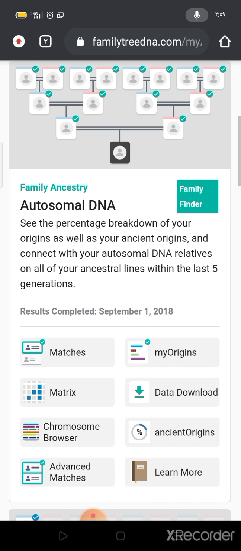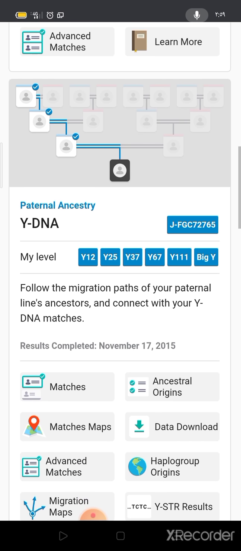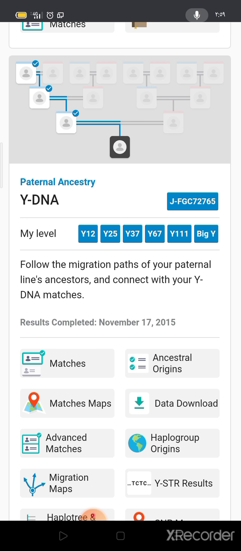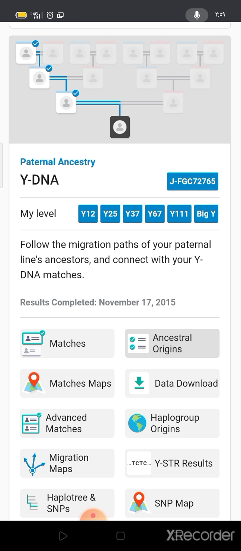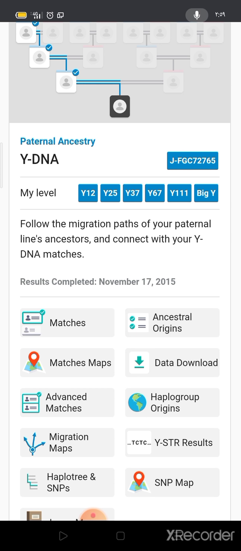So here, again, this is my account, and this is a YDNA result. We have two types of YDNA results: STRs and SNPs. SNPs test the mutations, the exact changes in the DNA of the Y chromosome. But the STRs take special locations and check the frequencies of the DNA at them, giving a number for those frequencies.